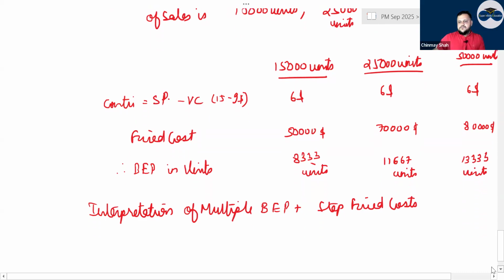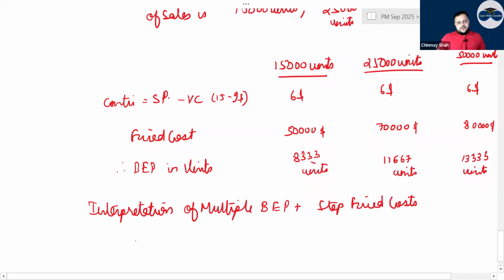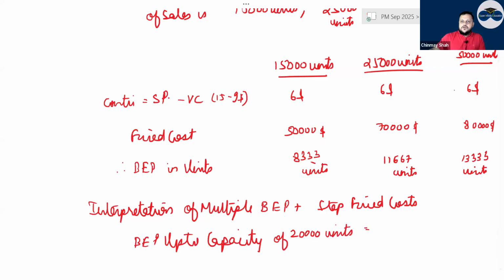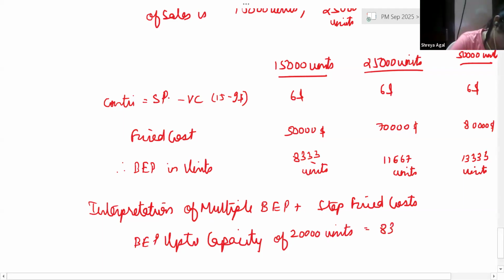BEP up to capacity of 20,000 units is how much? Up to 20,000 units where fixed cost is 50,000 and contribution is $6, how much is the BEP? 8,333 units, right?